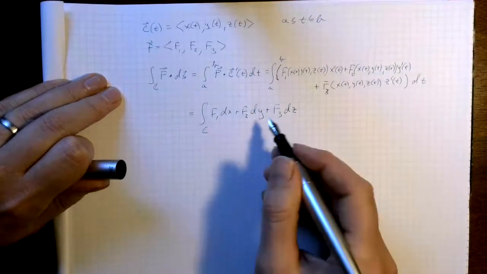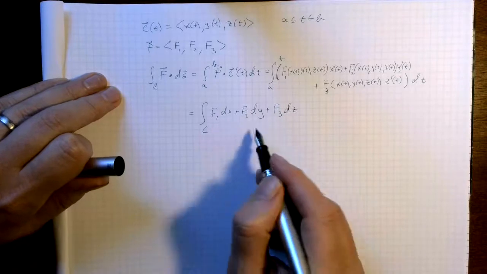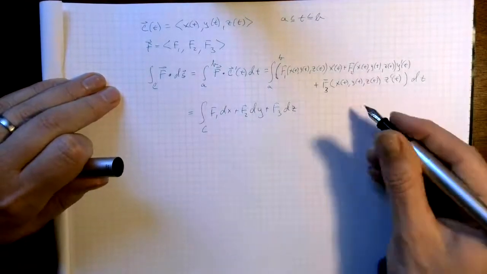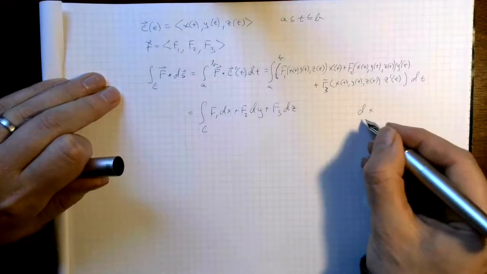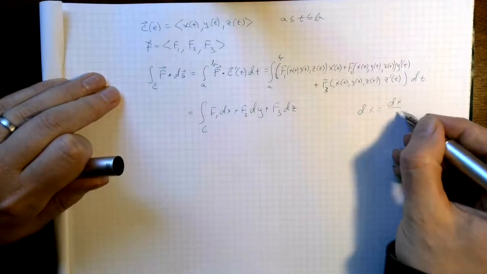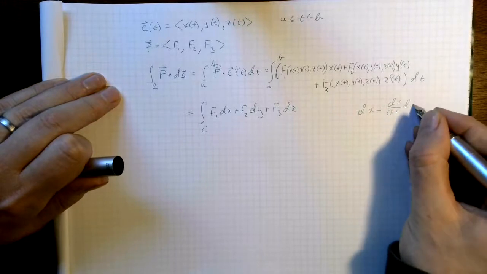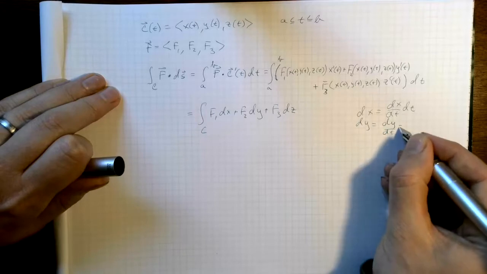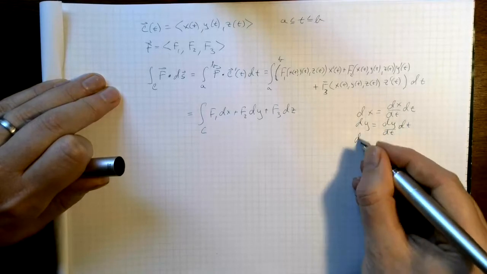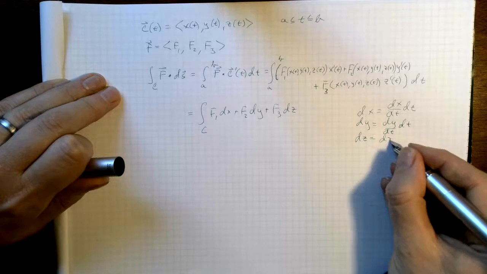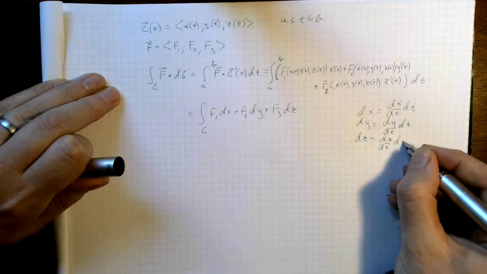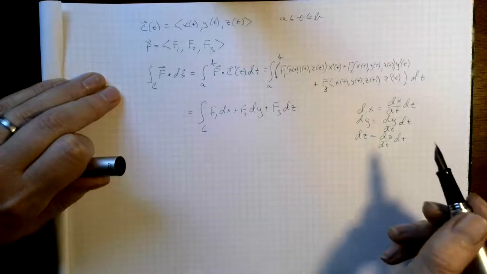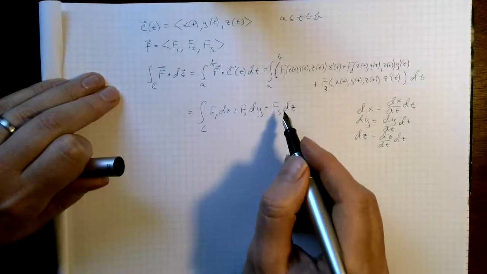And again, this notation tells us how to actually integrate it, because dx is dx/dt dt, dy is dy/dt dt, and dz is dz/dt dt, right? Precisely the same as before, except now there's a z component.